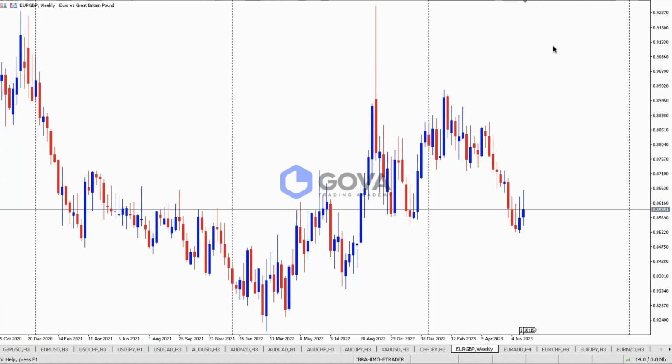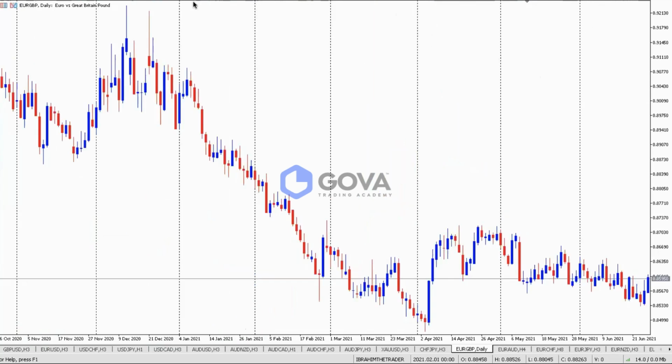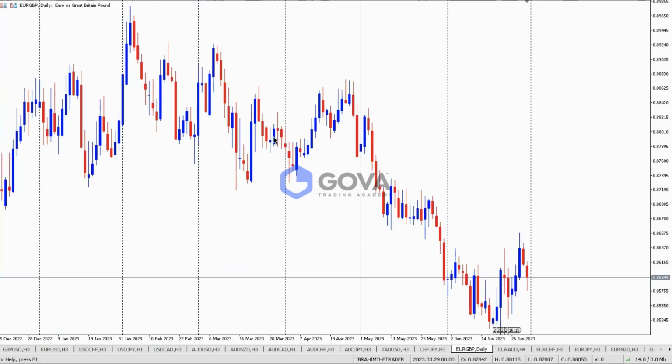Now, what about the monthly period separator? Remember, the note I just gave you says that the monthly period separator is usually marked on the D1 time frame. So on the D1 time frame, from this period separator to this period separator is a 1 month period.